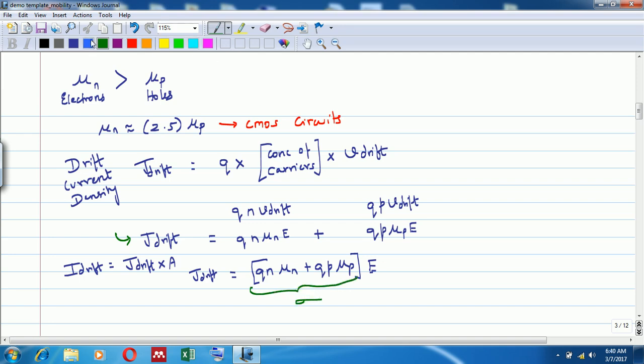What is sigma? Sigma is the conductivity. So we are expressing it as sigma times E. Sigma is the conductivity which is given by Q times N times mu N plus Q times P times mu P. So this also you have to remember.